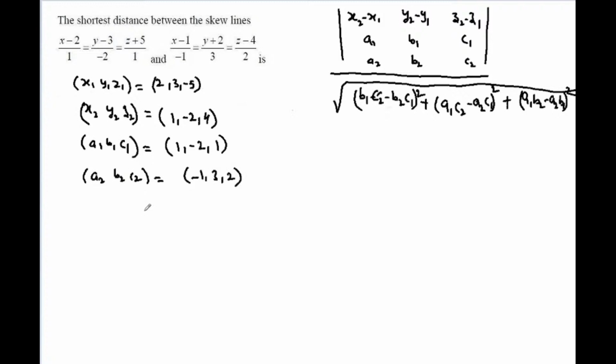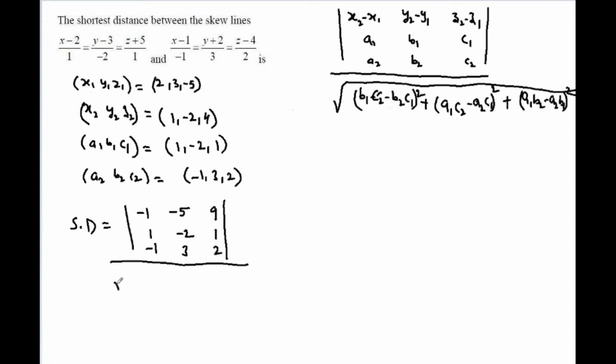Substituting these values in this formula, the determinant of x2 minus x1, that is 1 minus 2, minus 1, minus 2 minus 3, minus 5, 4 plus 5, 9, and 1, minus 2, 1, minus 1, 3, 2, whole by under root of minus 2 into 2, that is minus 4 minus 3, minus 4 minus 3 whole square, plus 1 into 2, 2 plus 1, 2 plus 1 whole square, plus 1 into 3, 3 minus 2, that is 3 minus 2 whole square.